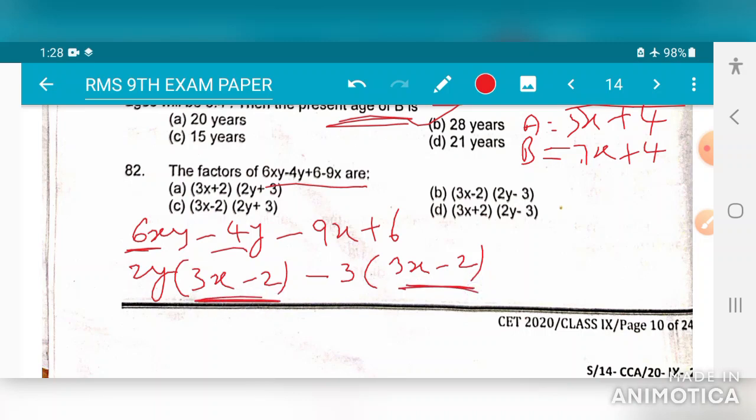Then minus 3 is common: minus 3 times 3x minus 2. Again 3x minus 2 is common, so the leftover is 2y and minus 3. The answer is (3x minus 2)(2y minus 3).